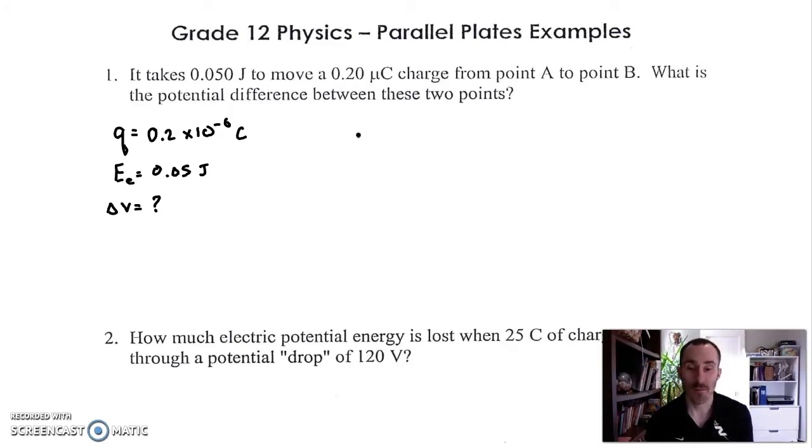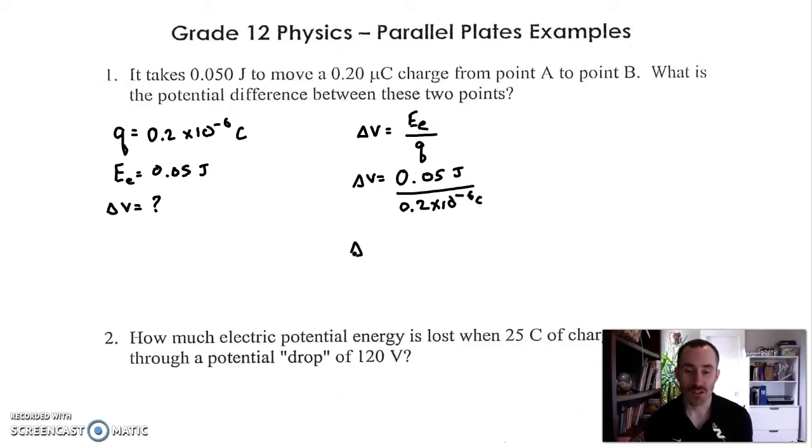So we get voltage difference is equal to electric potential energy divided by charge. Potential difference, or voltage, is equal to 0.05 joules divided by 0.2 times 10 to the negative 6 coulombs.